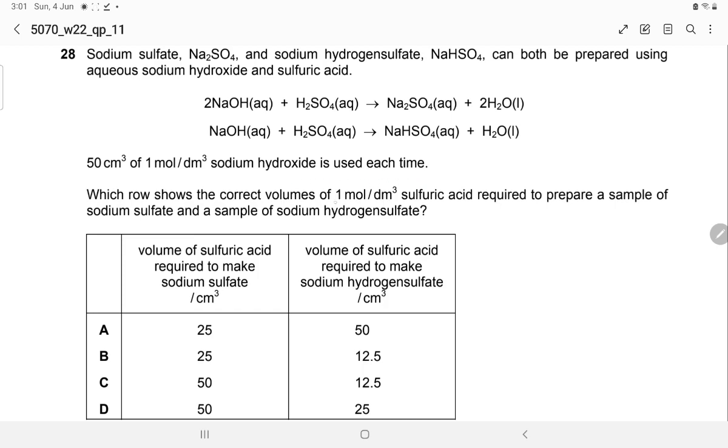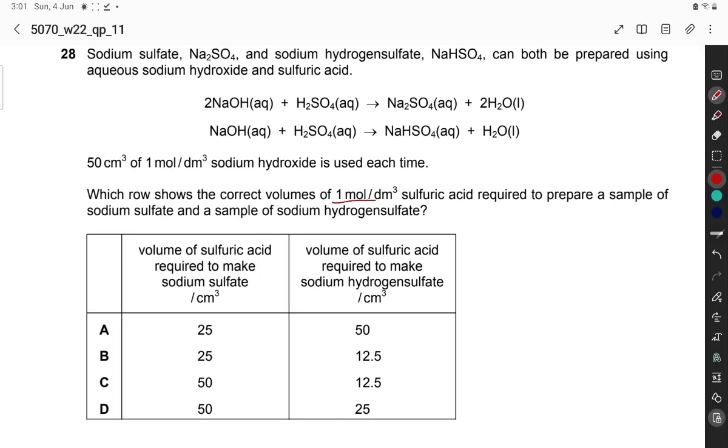Which row shows the correct volume of 1 mole per dm cube sulfuric acid required to prepare a sample of sodium sulfate and a sample of sodium hydrogen sulfate using aqueous sodium hydroxide?